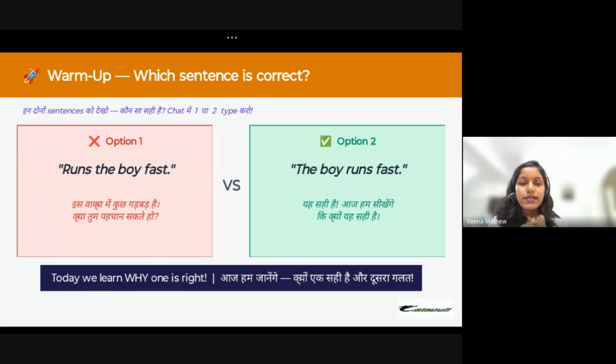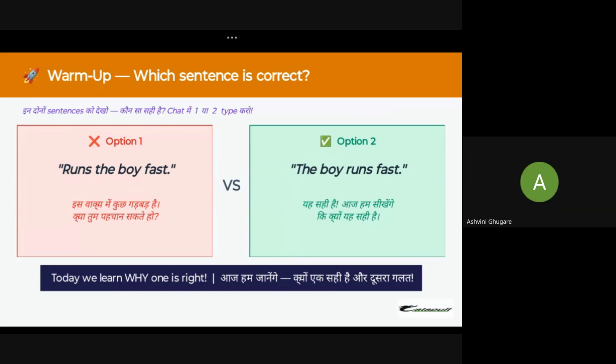"Runs the boy fast?" "The boy runs fast." Which is the right sentence? The correct sentence is option 2, the boy runs fast.